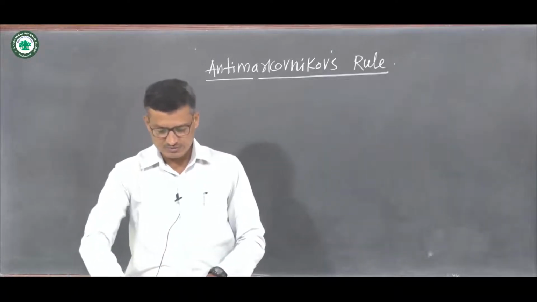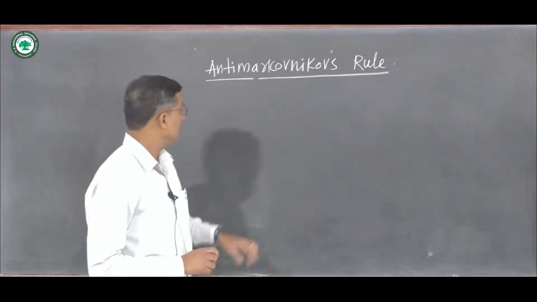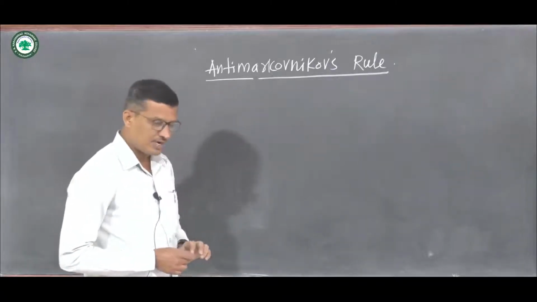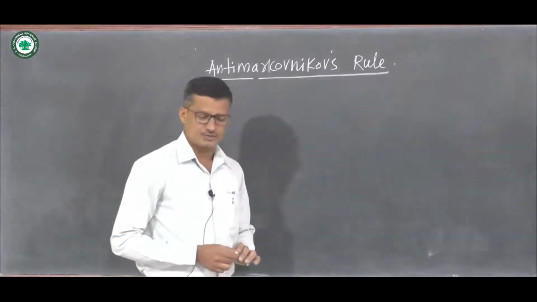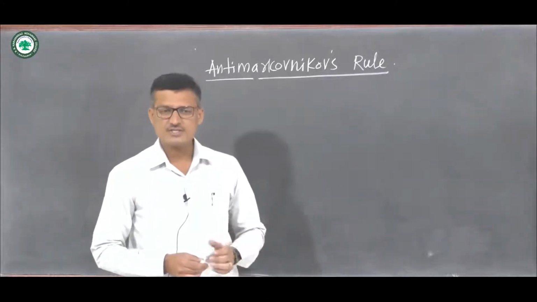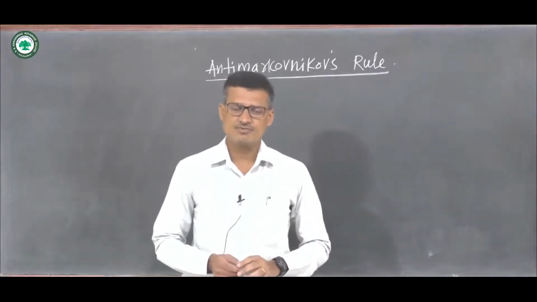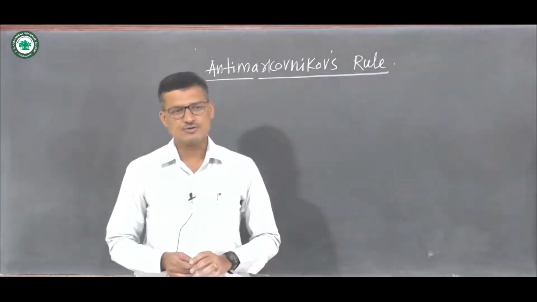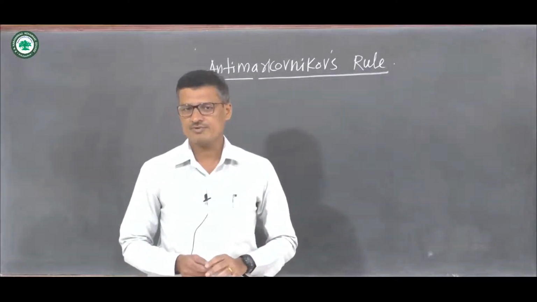So today we are going to discuss the next part, and that is Antimarkovnikov addition. So what happened in Antimarkovnikov addition? The product is against the Markovnikov addition. Sometimes we call it the peroxide effect.